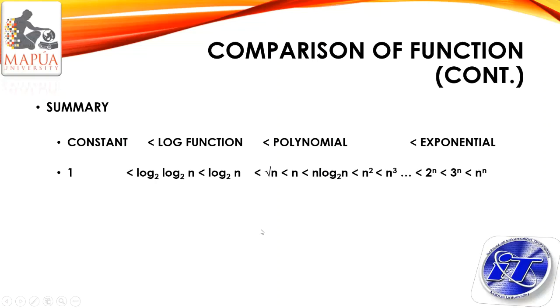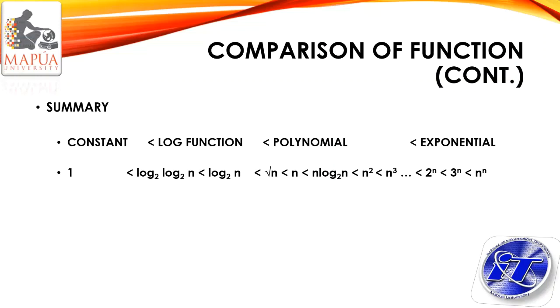For example, constant 1 is less than log n, which is less than square root of n and n log n, but everything here is less than n squared, then the highest is n raised to n. So this is the order of our growth rate. Constant has the least growth rate, exponential has the highest growth rate.